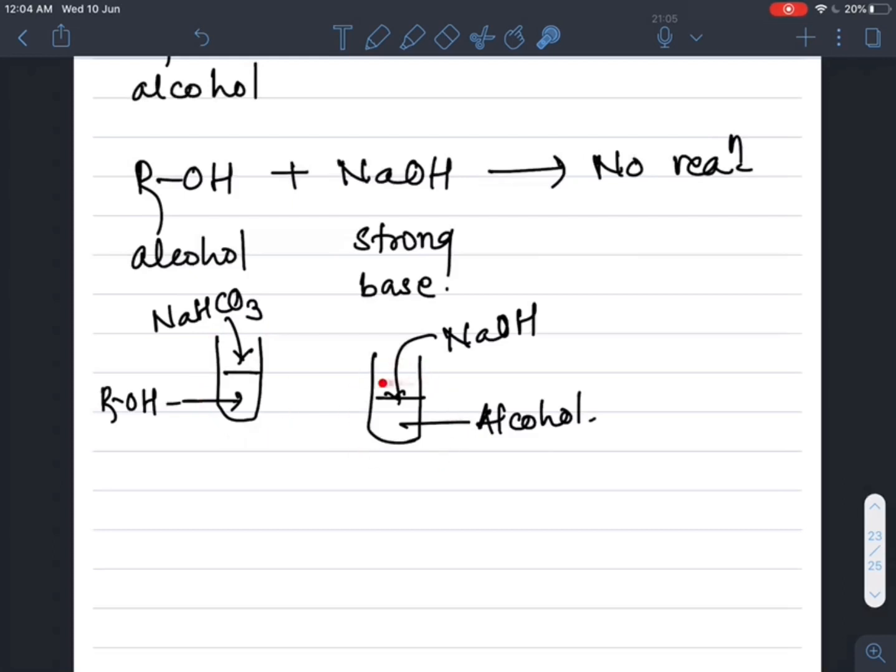Unlike phenol, no precipitation is formed. These are the laboratory tests used to identify either the alcohol or phenol, by reacting with a strong base and a weak base.